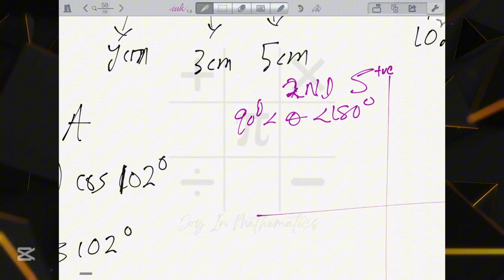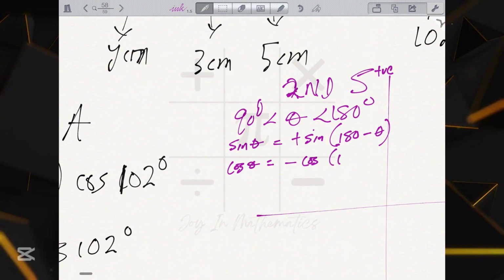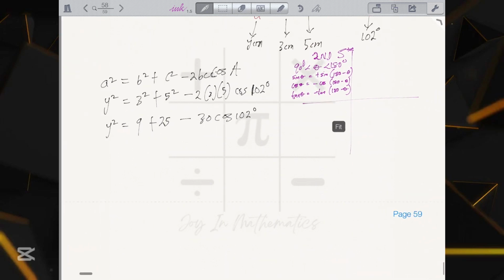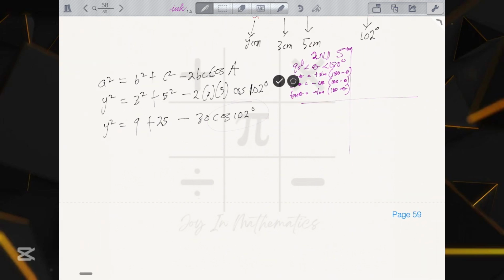So we are saying that sine theta is equal to positive sine 180 minus theta, because 180 minus theta is the relative angle formula. This we dealt with intensively in our first set of videos. Similarly, cos theta is going to be negative cos 180 minus theta, and tan theta will be negative tan 180 minus theta. So moving on, we'll make the solution for cos 102 degrees, and this time around we'll be applying what we have here.